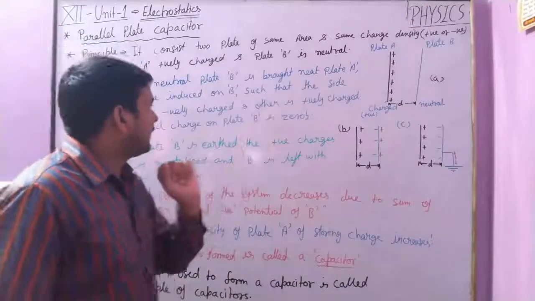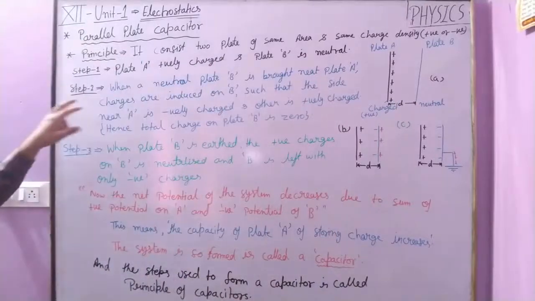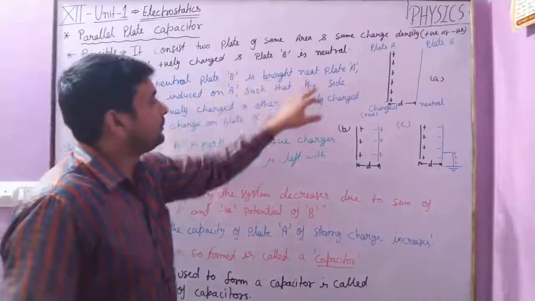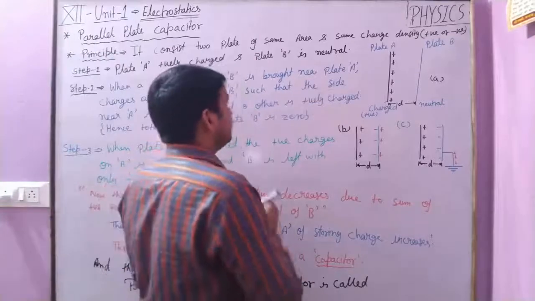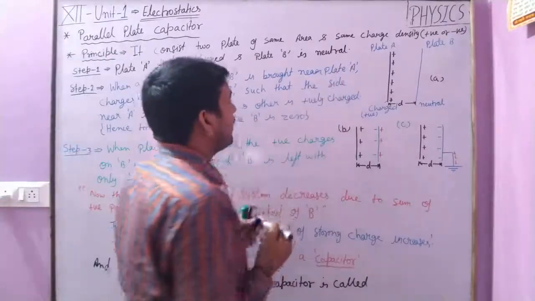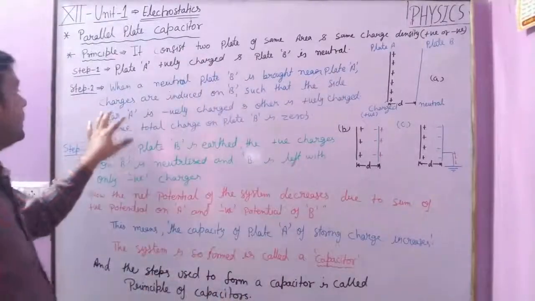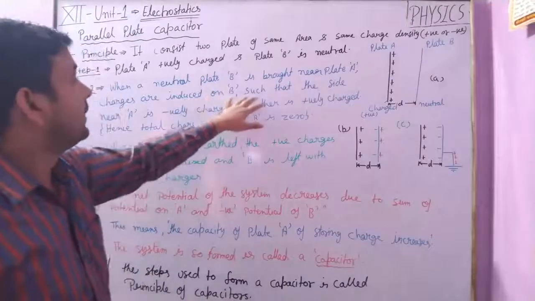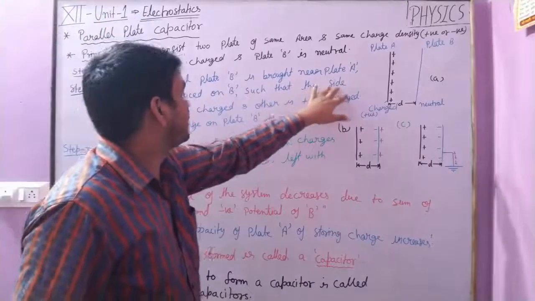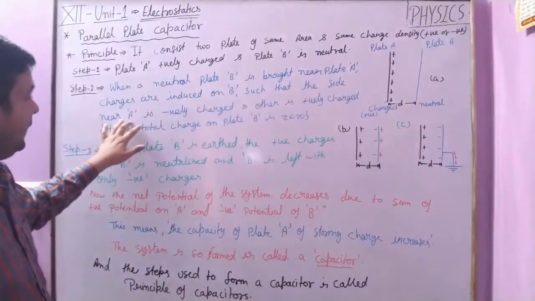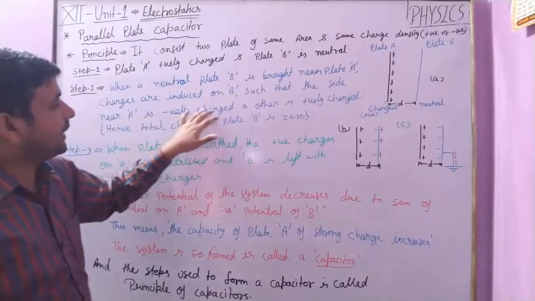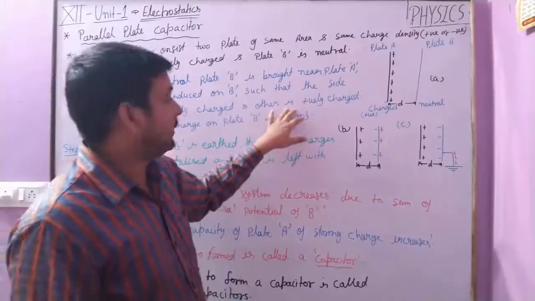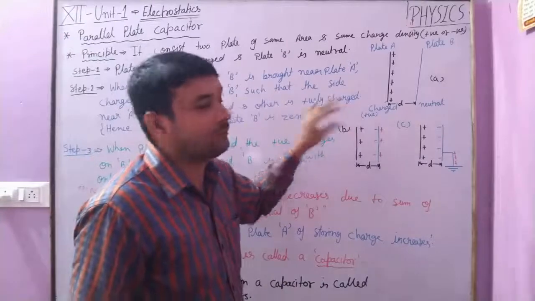Now after that we understand the second step. When a neutral plate B is brought near plate A, the charges are induced on plate B such that the side near to plate A is negatively charged and the other side, which is farther from plate A, is positively charged.